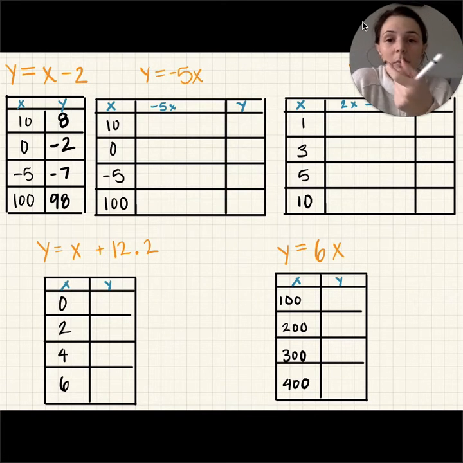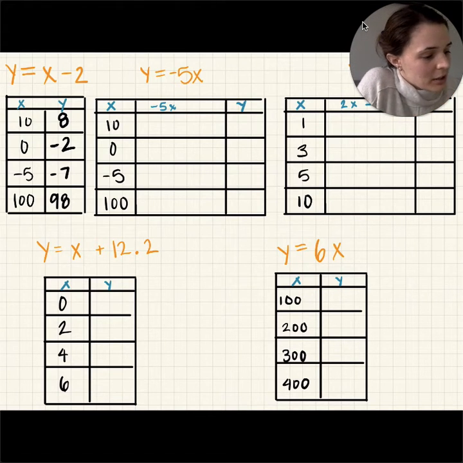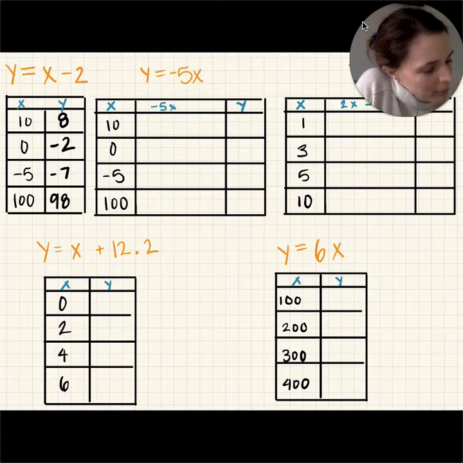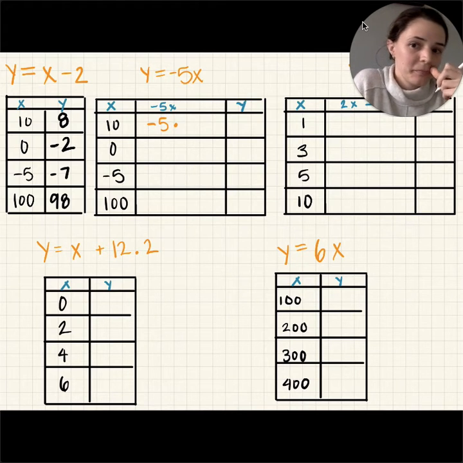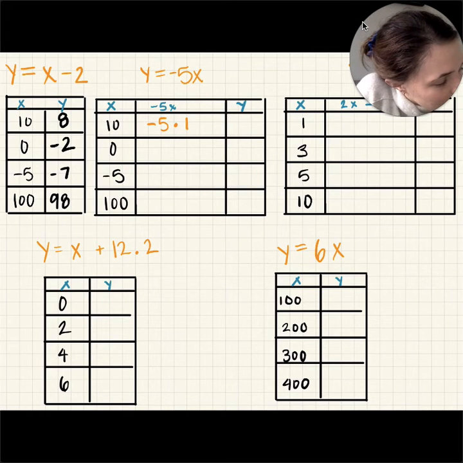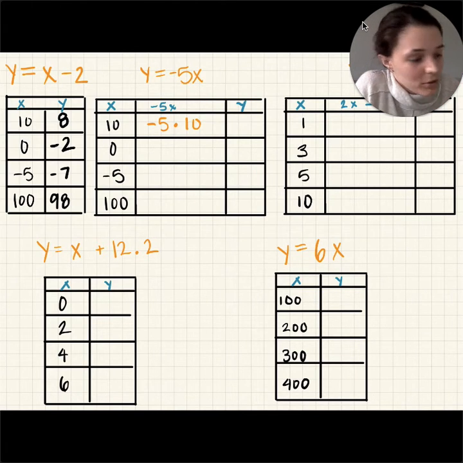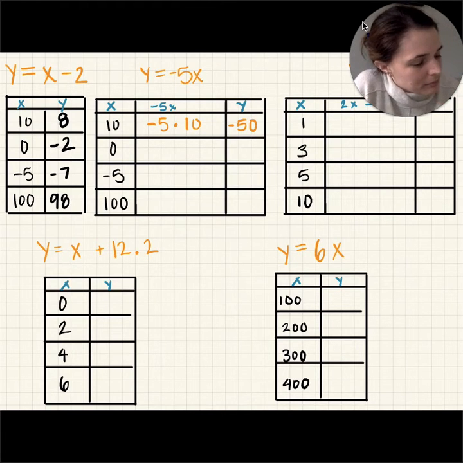So remembering that when we have the number and the variable right next to each other like that, that means multiplication. So each time I'm going to take negative 5 and multiply it by whatever the x value in that row is. So our first x value is 10. So I'm taking negative 5 and multiplying it by 10. That will give me negative 50.